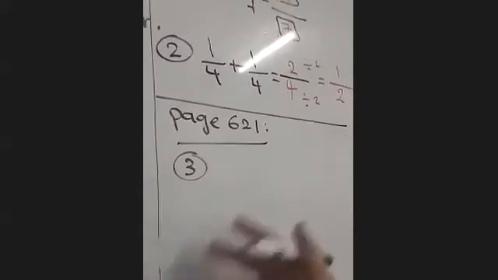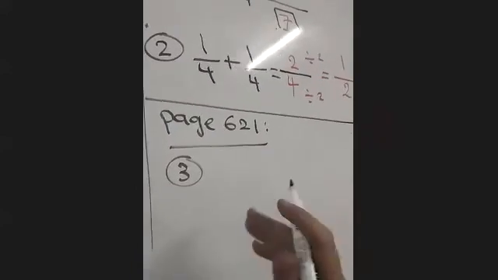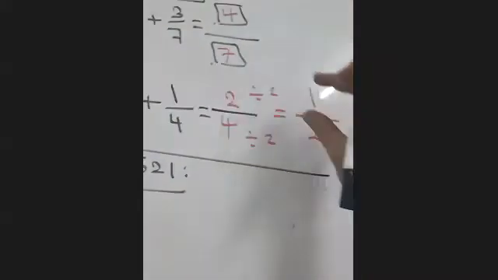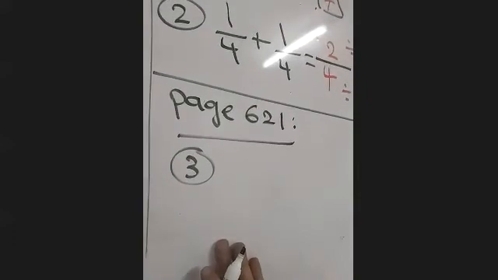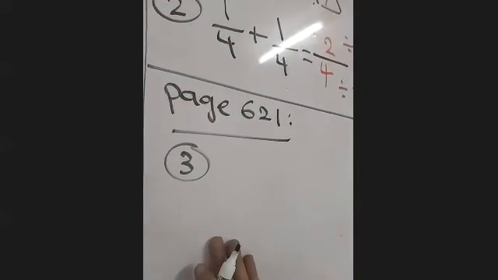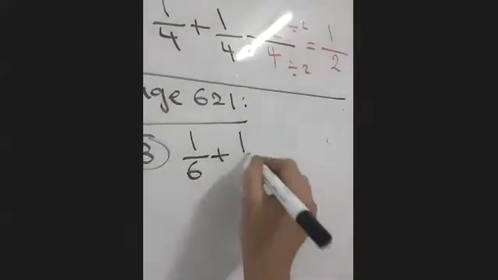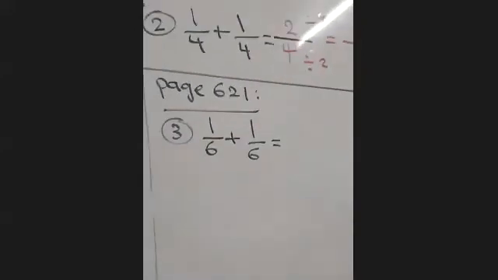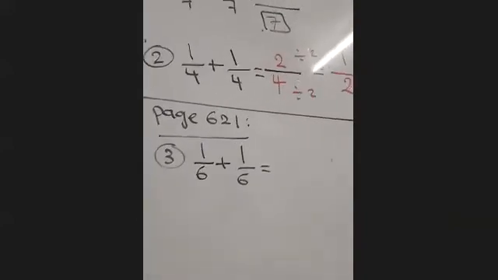Question 3. Add, write each sum in simplest form. This is the sum, guys. We will write it in simplest form. 1 over 6 plus 1 over 6 plus 1 over 6 equals 3 over 6.